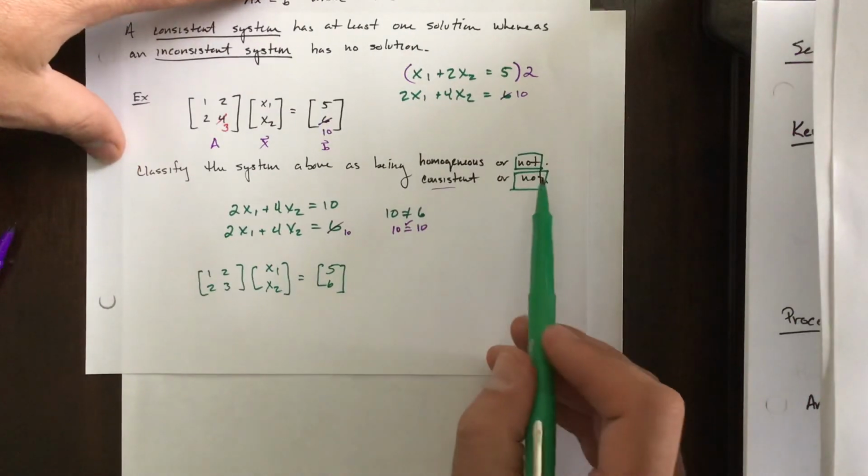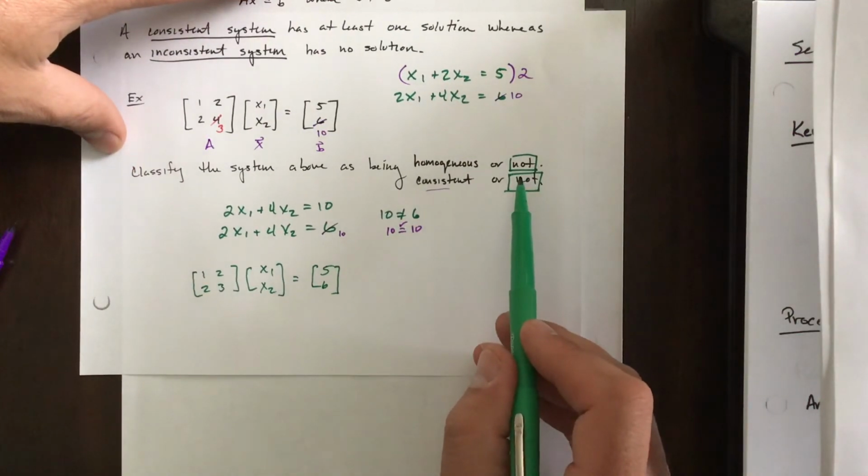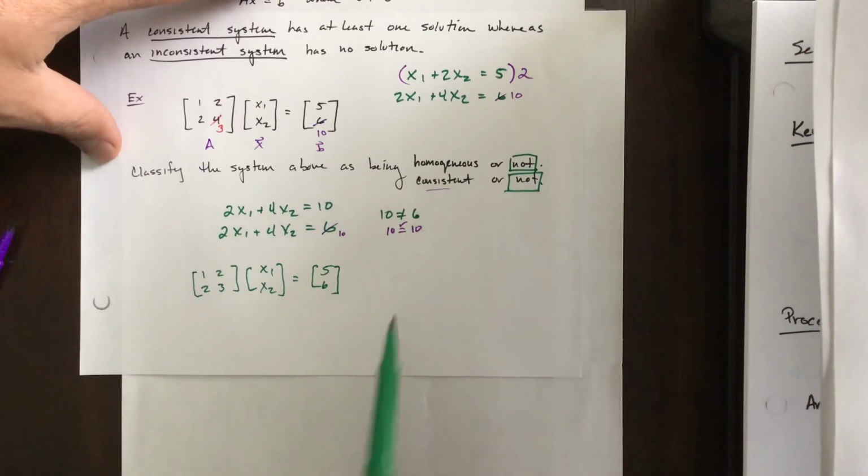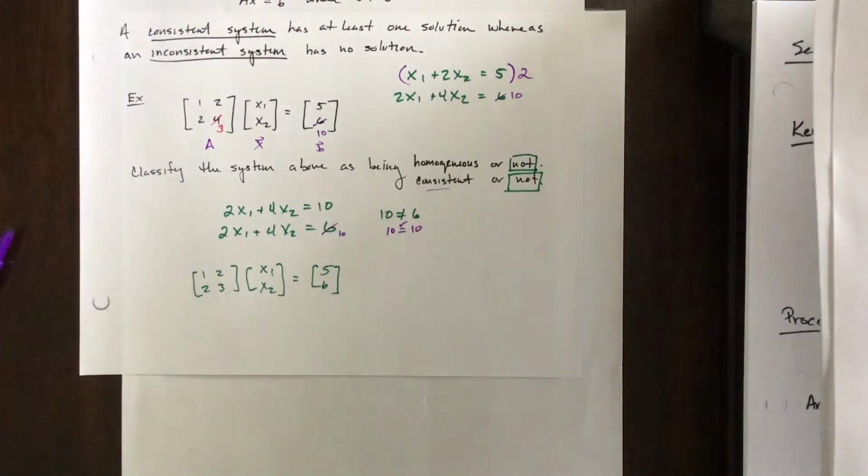It would still be a non-homogeneous system, because the resultant matrix isn't 0. But would it be consistent or not? I'll leave that for you to answer. What would happen had we changed this to anything but a 4? Anything but a scalar multiple of row 1.